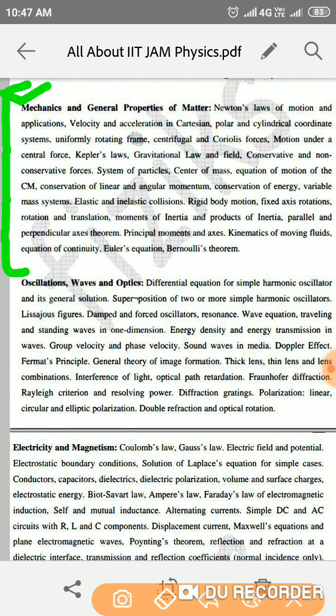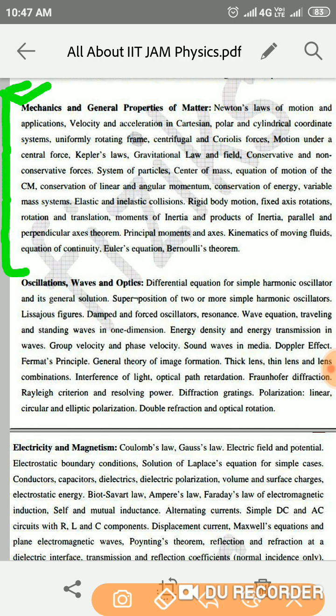You should know how to find the element and integrate it to find the center of mass. Then you should be able to write the equation of motion for center of mass. Then conservation laws like conservation of energy and linear and angular momentum.